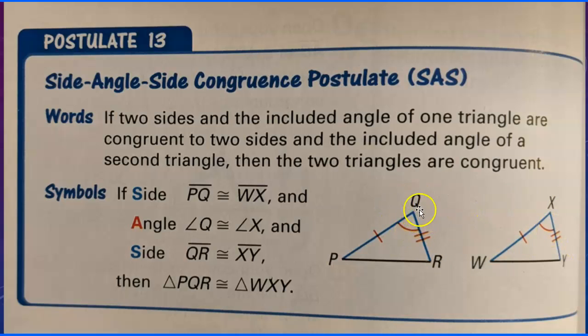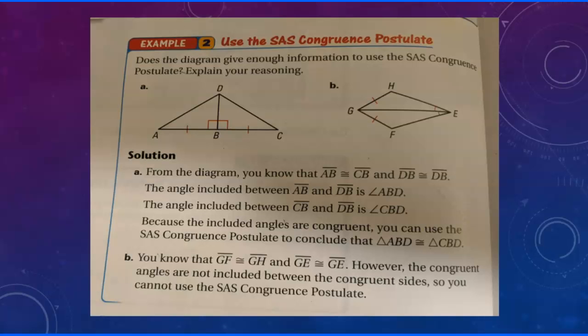That means the angle in between them, angle Q and angle X, if they are congruent, then we can use the side angle side to indicate that the triangles are congruent. So remember, in trying to establish congruent triangles, we now have SSS and SAS. So hopefully that's pretty easy to use.